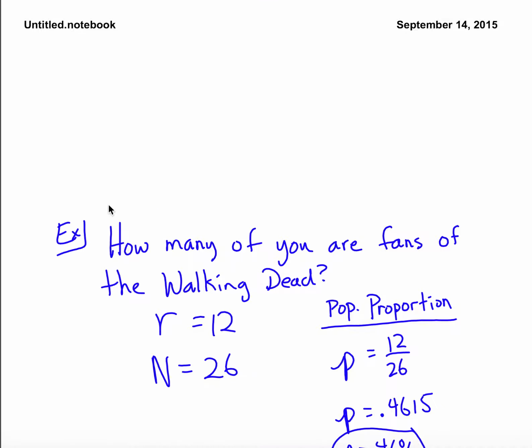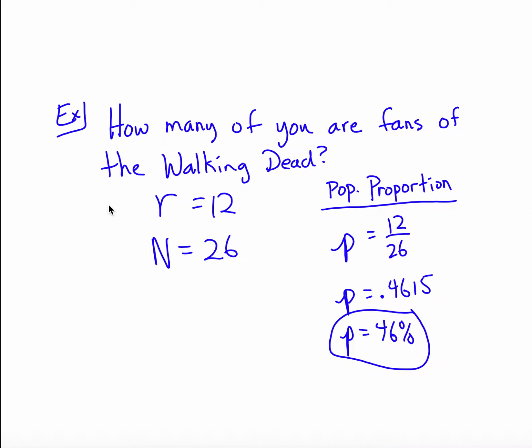So as an example, let's say I would ask a group of people how many are fans of The Walking Dead. I would then record yes or no answers to that question. Or I would ask you what's your favorite TV show, and we'd write down everybody's responses, and then we'd count how many Walking Deads there were.